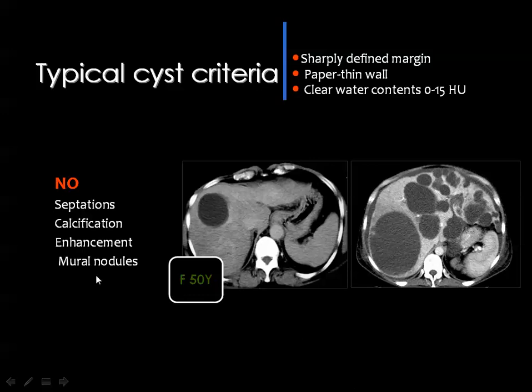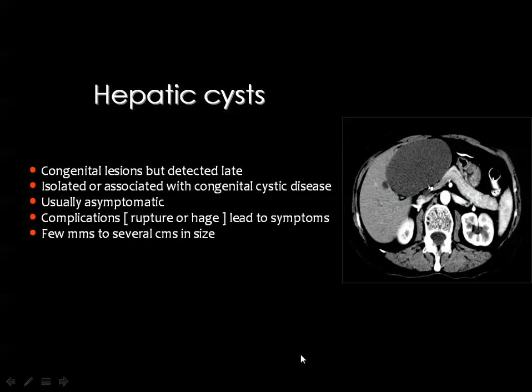And a simple benign cyst may be solitary and may be multiple in cases of polycystic disease. You see too many focal cystic lesions in the liver of variable sizes, as you can see.